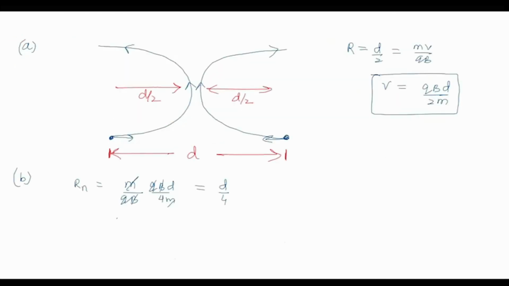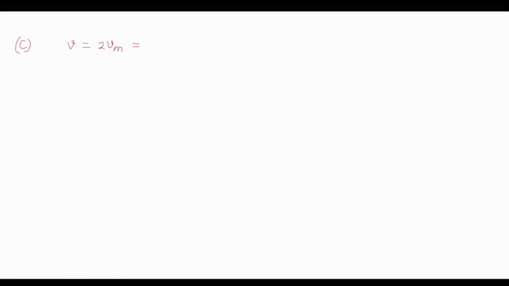We are saying that the velocity is equal to twice of Vm. So Vm is calculated by us as qbd by 2m. So if I put the value over here, we get twice of qbd by 2m, that is the expression will reduce to qbd by m. So this is the value of velocity which we have, that is twice the value of velocity.